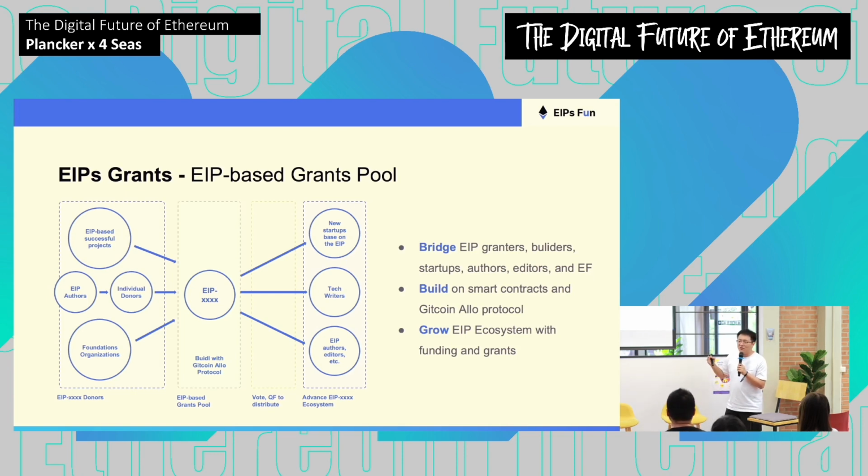For example, for ERC-721, the NFT ERC, successful projects like OpenSea, Blur, or other marketplaces have the requirement to see the EIP-721 ecosystem growing, more developers developing NFT tools, and more new EIPs based on EIP-721 to extend its ability, right? So they can put their money in it and share it with those supporters.